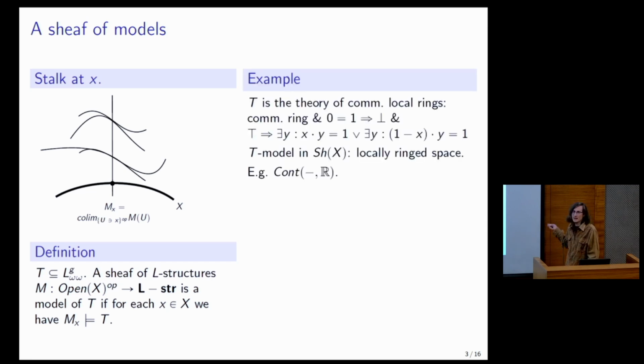So a very classical example is that if T is the theory of commutative local rings, which means that the sum of two non-invertible things is again non-invertible. So this is such a thing.